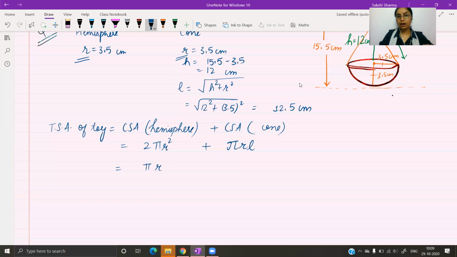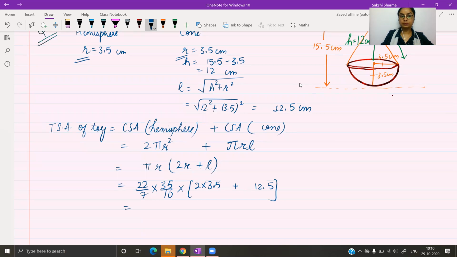I'm going to take pi r common, and I'm going to keep these like using distributive property. Radius is 3.5. I'm writing it as 35 by 10, twice the radius, plus the slant height, which is 12.5. Find out your answer.